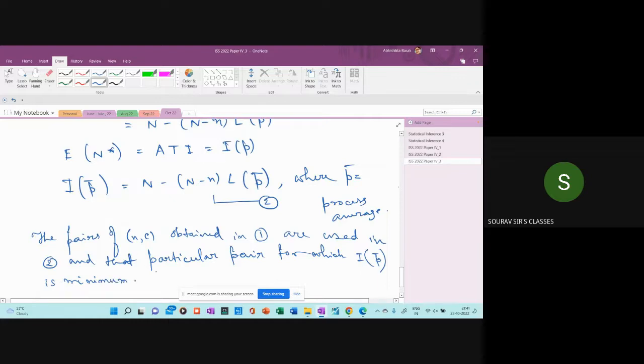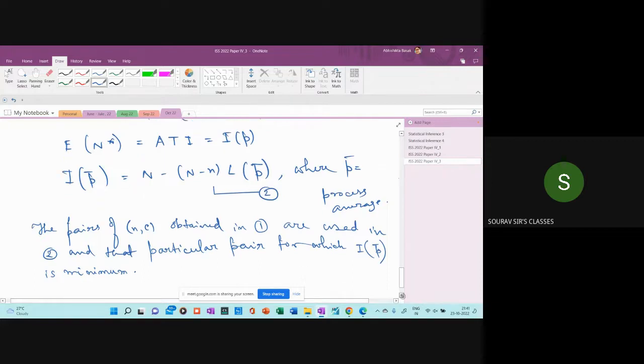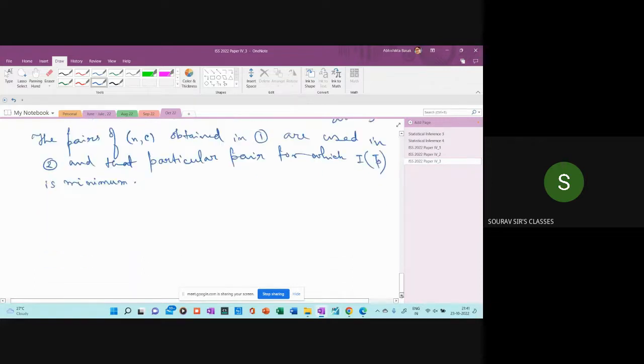This is how we choose the plan parameters n and c by using the LTPD approach.